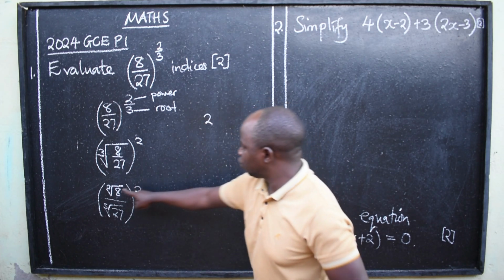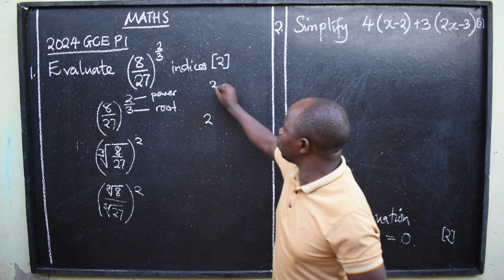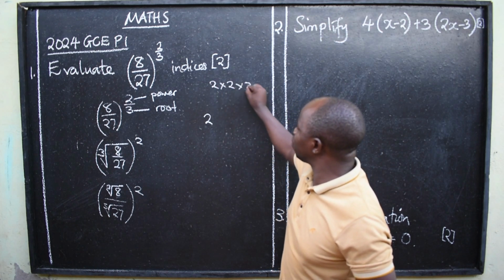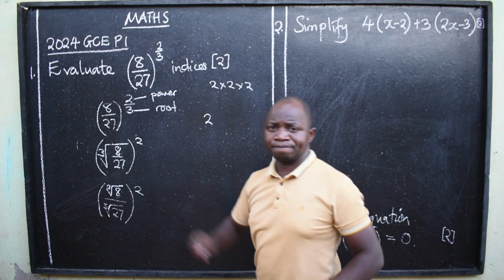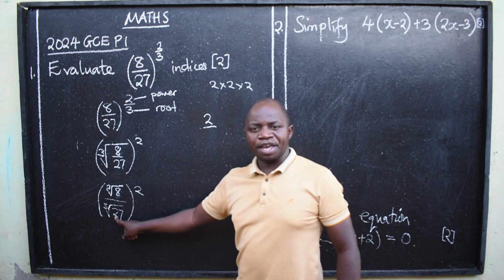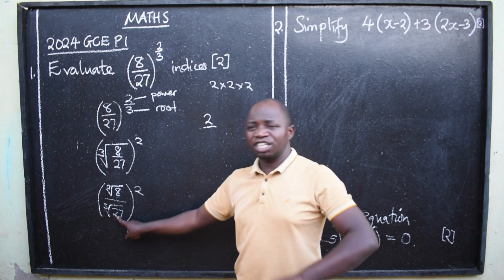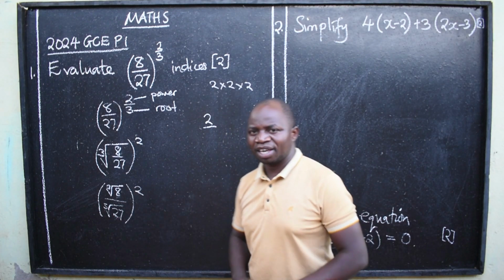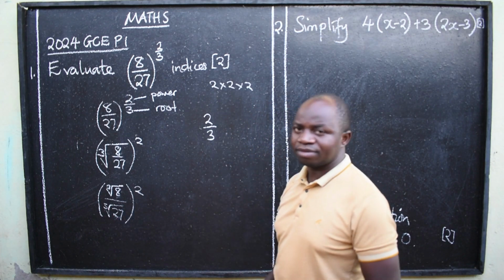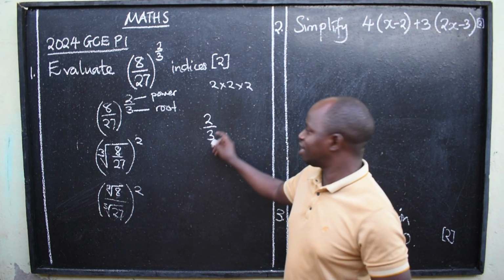So cube root of 8 is 2. 2 times 2 times 2 will give you 8. Over. Do the same here. What number can you multiply itself 3 times and it should give you 27? It is 3. So what you have inside here is 2 over 3.